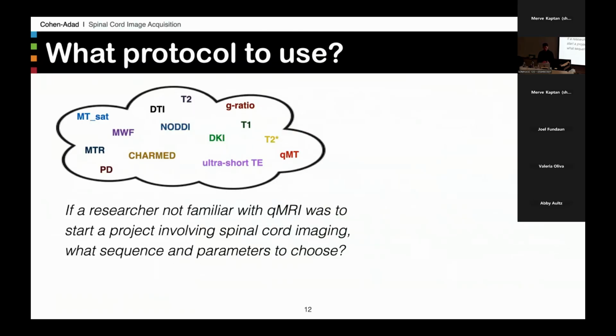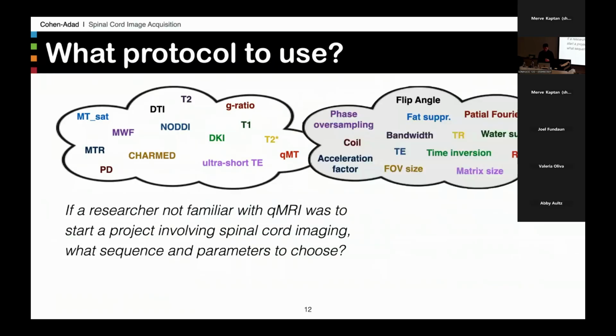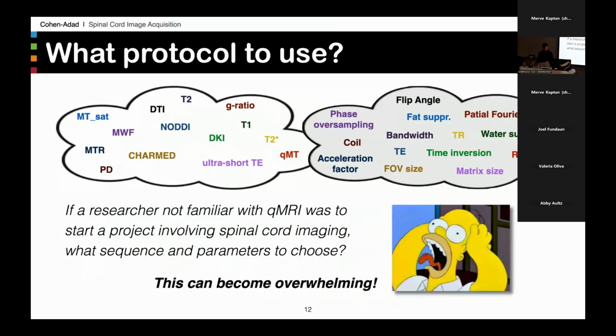So picking the right method can be a bit of a challenge. And then when you finally decide that you want to do NODDI, then you're sitting at the console and you're like, okay, so what TR should I use? What TE? What flip angle? What bandwidth? And what coil? And so on. So for new researchers getting started with spinal cord imaging, this can be pretty overwhelming.